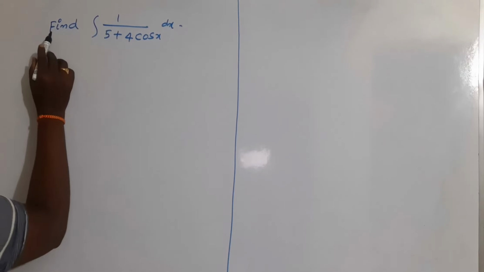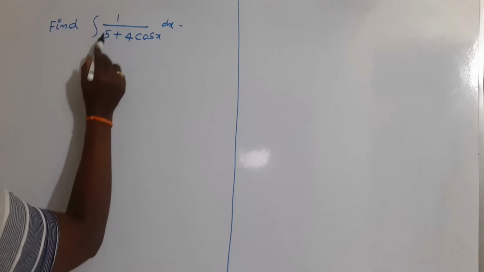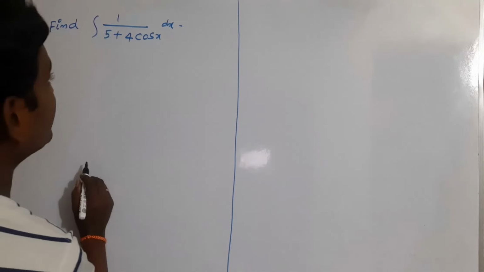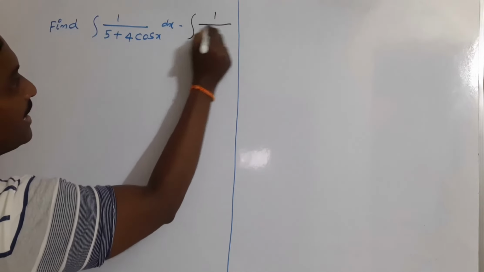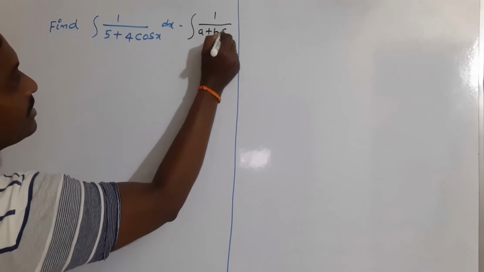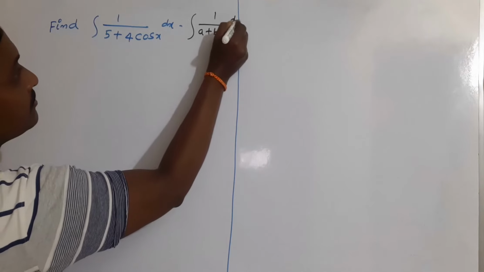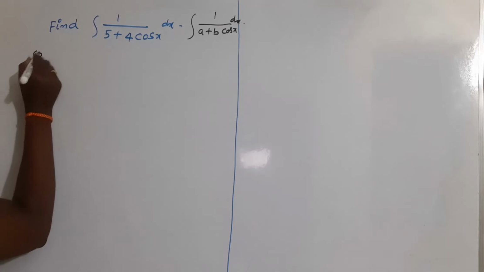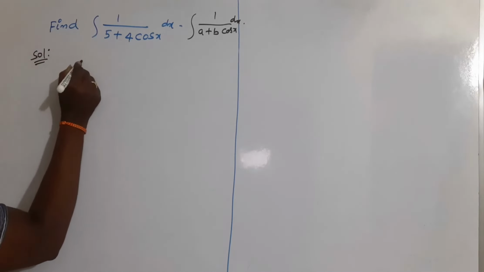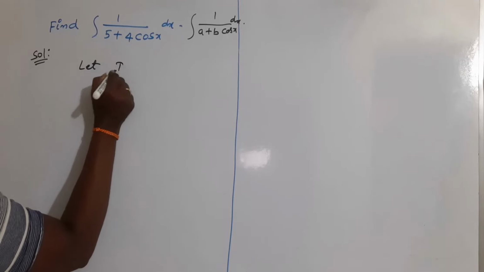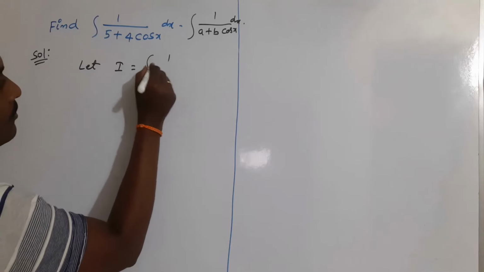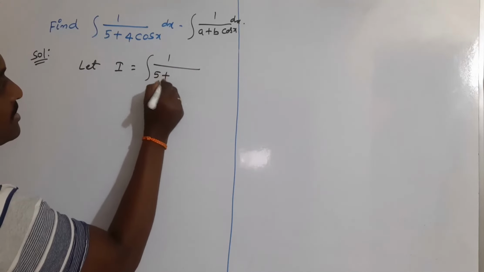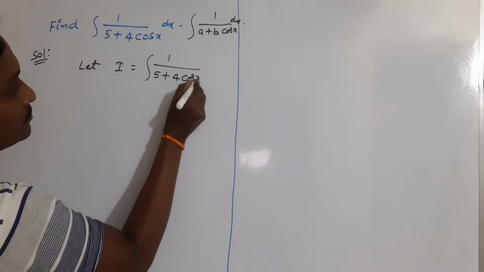See the problem. Find integration of 1 by 5 plus 4 cos x dx. Clearly it is in the form of integration of 1 by a plus b cos x dx. See the solution of this problem. First, let the given integration be I. So I is equal to the given problem, which is 5 plus 4 cos x.